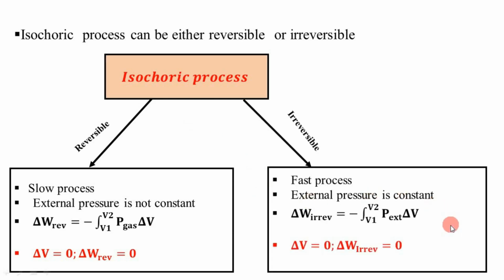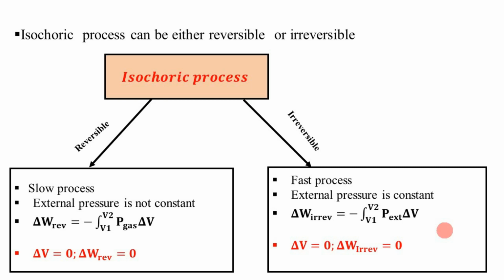In this case, we can use the external pressure to calculate the work done, but also here dV is equal to 0 because we are in an isochoric process, the change in volume is equal to 0. So the work done for the irreversible process is also equal to 0. So in the isochoric process we don't differentiate reversible and irreversible, we know that the work done is equal to 0 because the change in volume is 0.